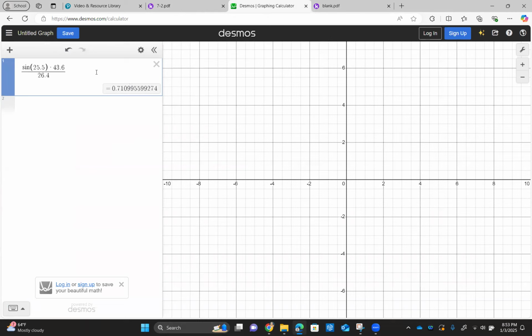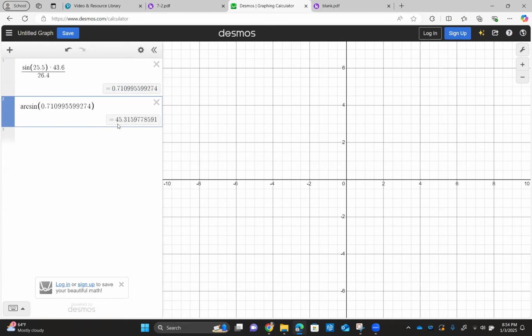From the previous chapters, if we have the sine value of an angle and we want the angle, we do arc sine. So I ask the calculator, what is arc sine of this answer? I can copy the answer from the previous line and paste it on the next line, telling the calculator that I'm looking for the angle that has this sine value.